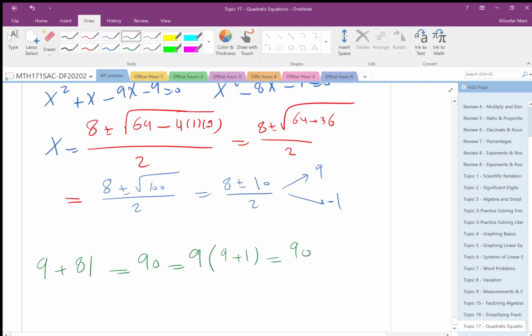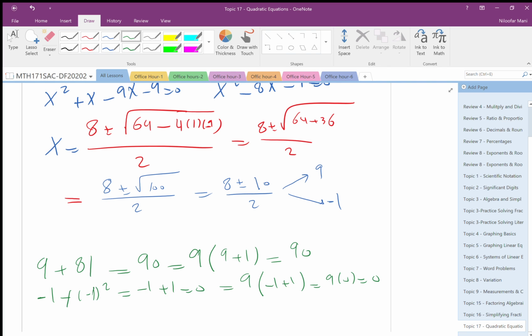And how about minus 1? Minus 1 plus minus 1 squared, which is minus 1 plus 1, which is 0, is 9 times the higher number, minus 1 plus 1, which is 9 times 0, and that's 0. Yes, perfect. For both of them it works. And that's the answer. Okay, so we are done with the lesson.